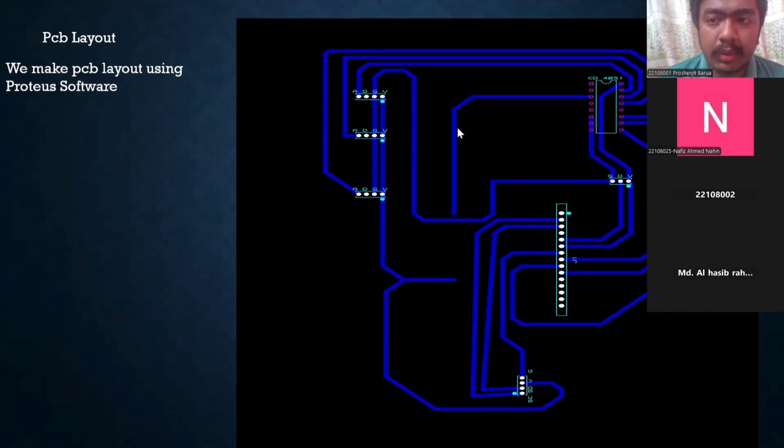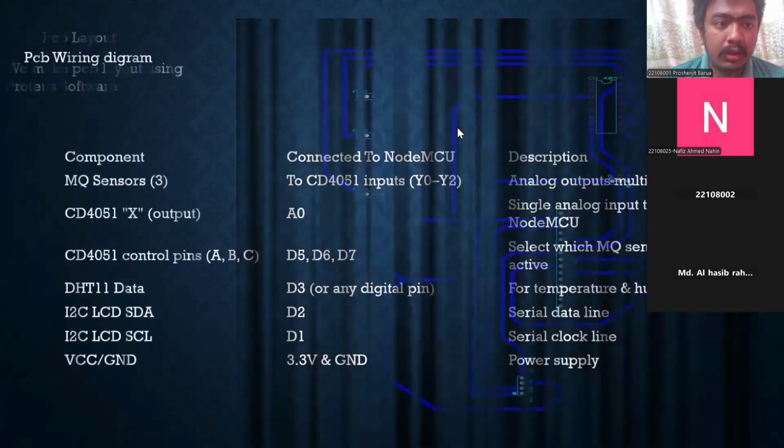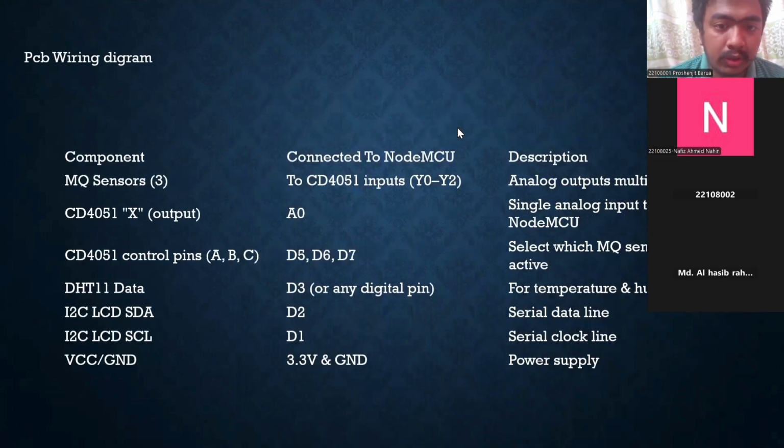And this is our PCB layout. We use ferric chloride for the PCB making, and we use PCB software for making this PCB design. And this is the PCB wiring diagram. We see the components connected to the MCU and their description. MQ sensors are connected through the CD4051 Y0 to Y2, and this is the analog output of the sensor.